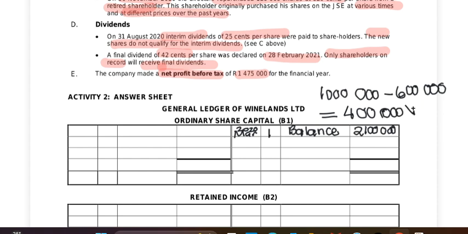And we multiply that by 500 cents. So what is 500 cents? 500 divided by 100 is the same as 5 rand. So 400,000 times 5 rand should give you 2 million.